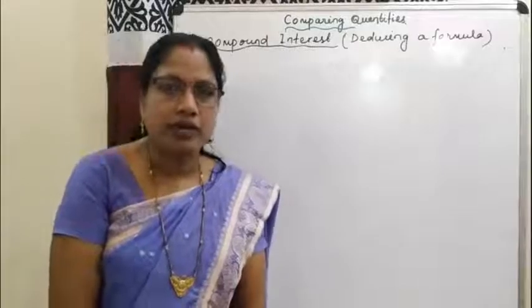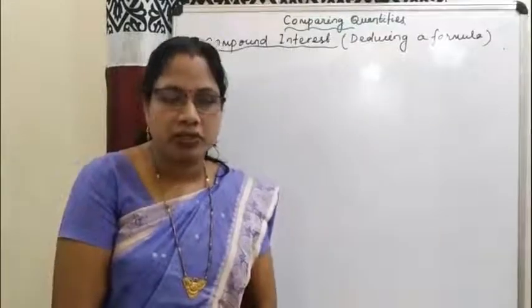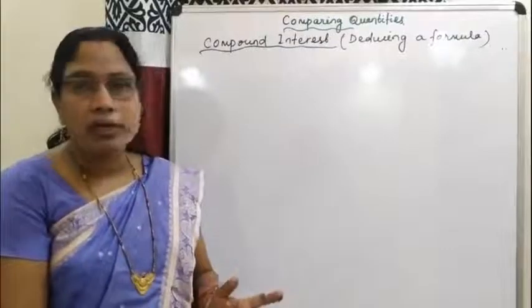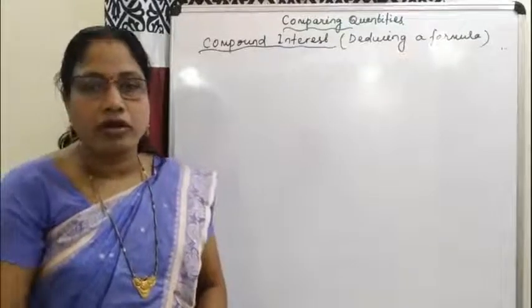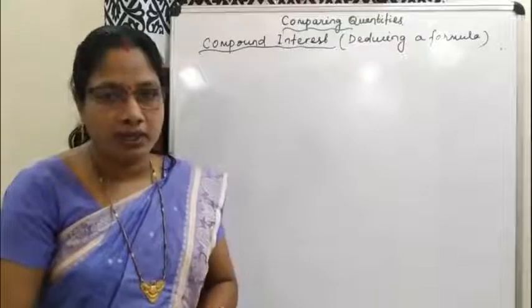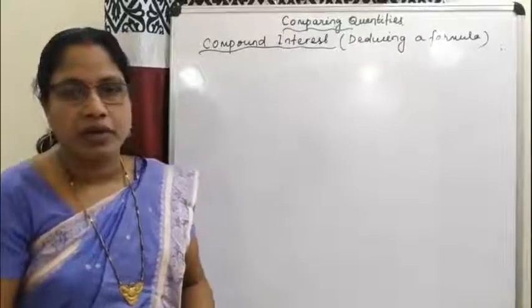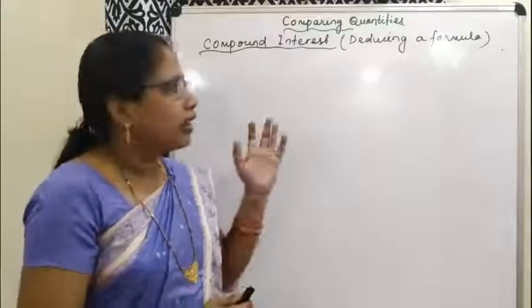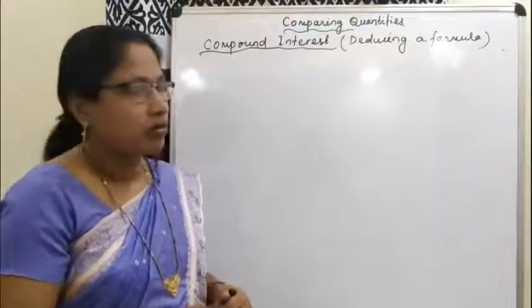Dear students, in our last class we discussed simple interest and compound interest also. So, is there any formula to find the compound interest on a given principal and rate of interest for a time period? Let us deduce a formula to find the compound interest or amount.